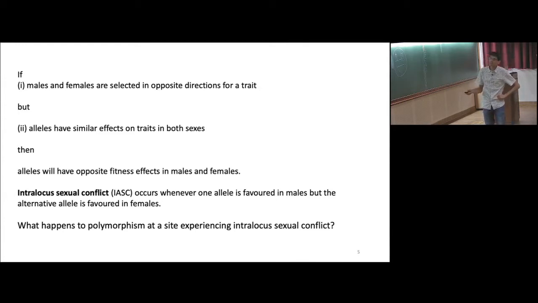That gives rise to what is these days called intralocus sexual conflict, or IASC, which means that one allele is favored in males and the alternative is favored in females. So what's going to happen to polymorphism at a site experiencing intralocus sexual conflict?